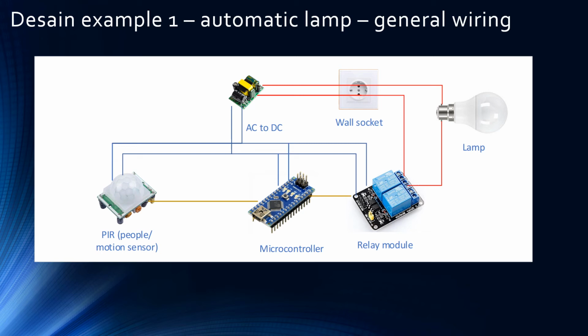When it checks the PIR sensor, and the PIR detects the presence of a person, the microcontroller then knows, and sends a logical 1 to the relay module. The relay module accepts the logical 1, then it goes on, and then the lamp goes on. So that's the basic idea of how the system works.